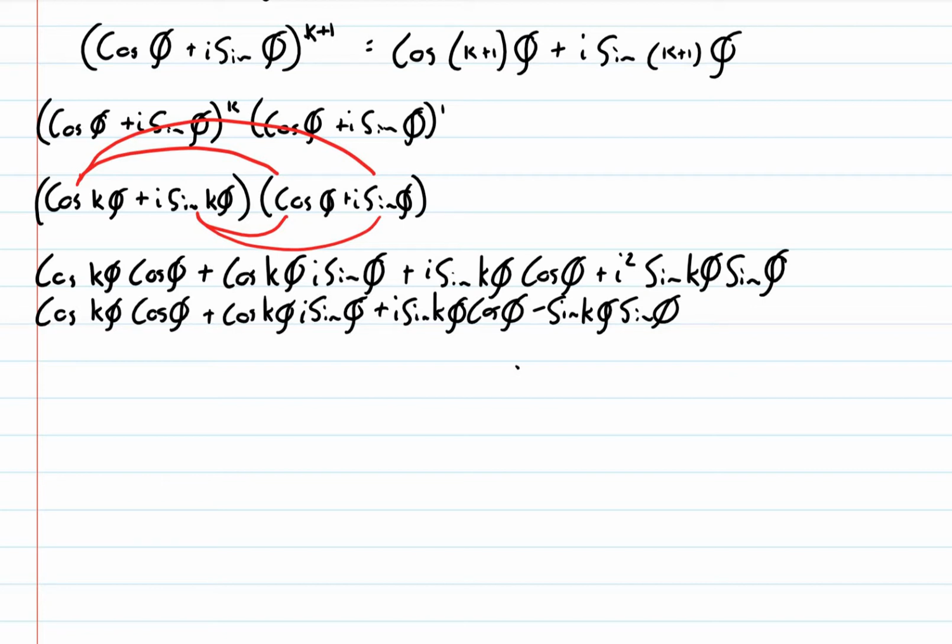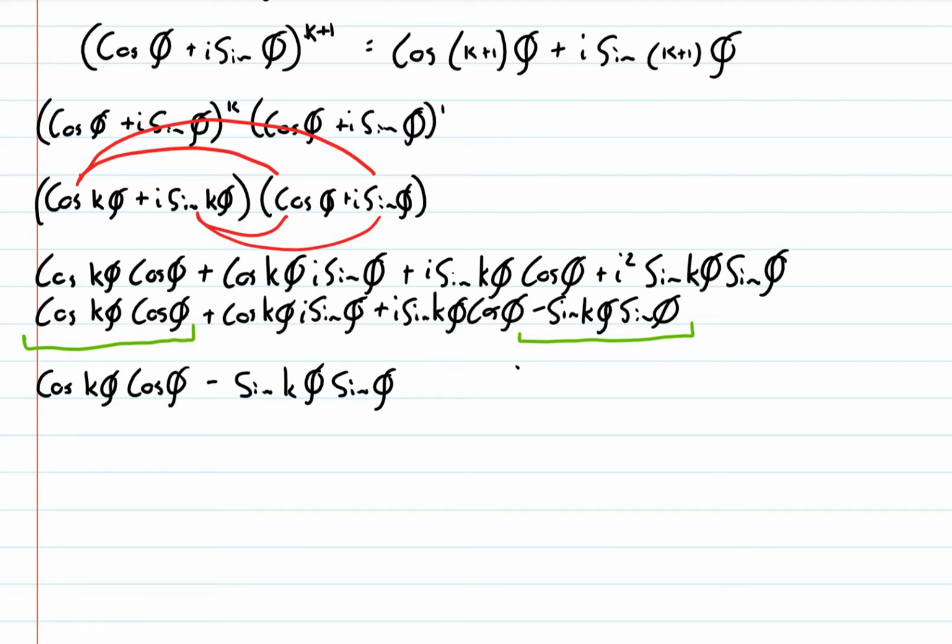Okay, next I'm going to group this long thing into its real and its imaginary components. Its real bits are anything without an i, so that's real and that's real. So we have cos k theta cos theta minus sin k theta sin theta. We also have our imaginary parts, which are here and here.